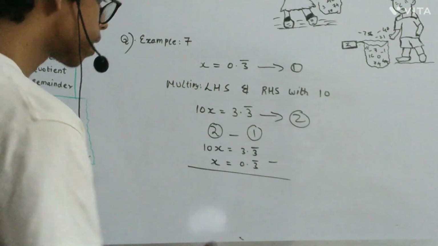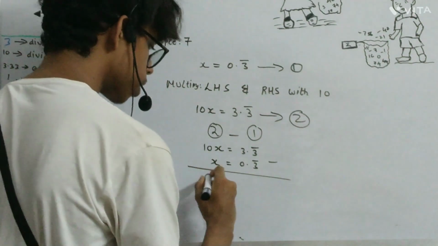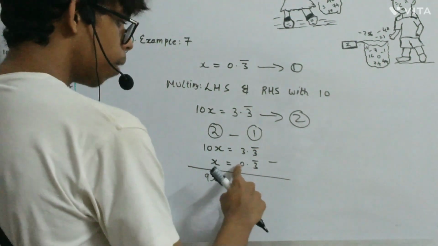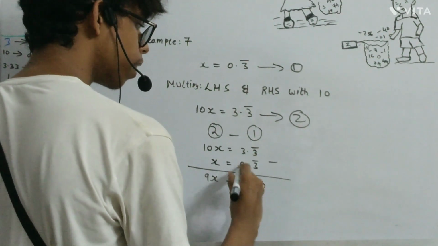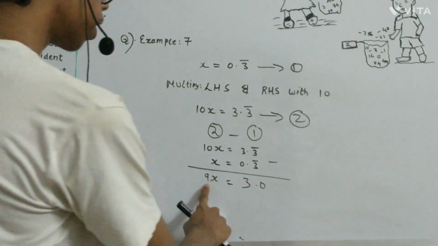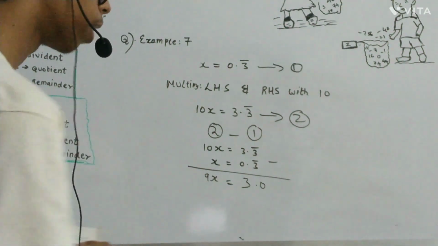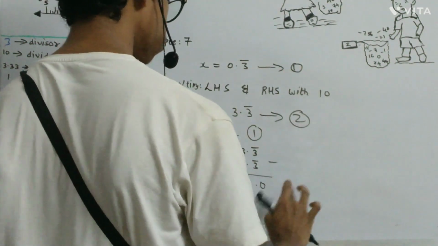So when I subtract it, 10 minus 1, we know it is 9. So I will write 9x is equal to 3.3 minus 0.3. 3 minus 3 is 0 over here and here I will be getting 3. So now just observe, we have got a linear equation in one variable and you have learned in your 8th standard how to solve such things.